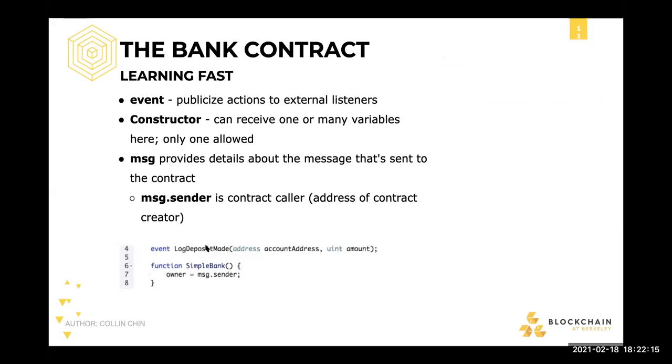In Solidity, you could only have one constructor, so you can't have multiple class overrides. And then the message provides details about the message that's sent to the contract. So then message.sender would be the person that calls the contract. So let's say someone wants to make a deposit. Then they'd send a message to the contract, and then the sender would be this person that called the contract.